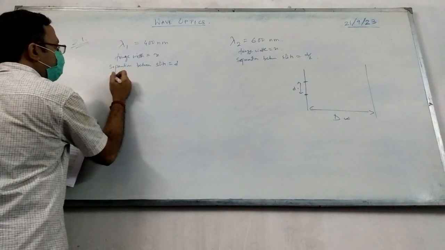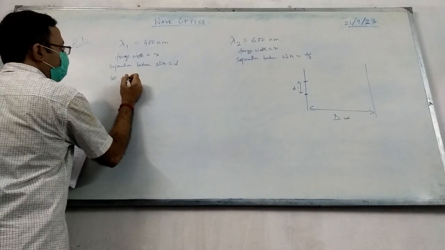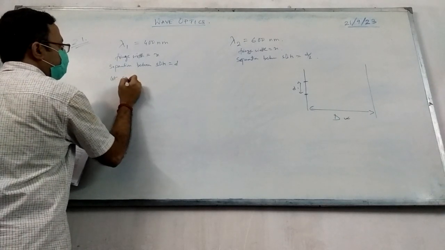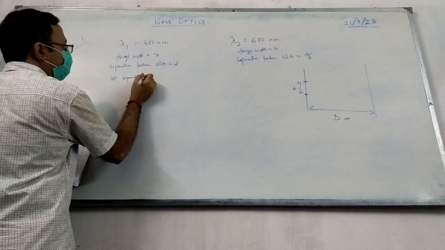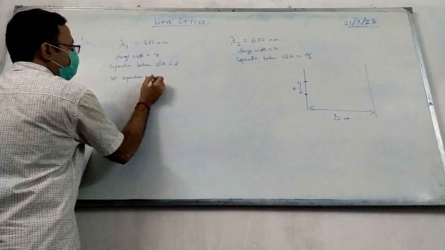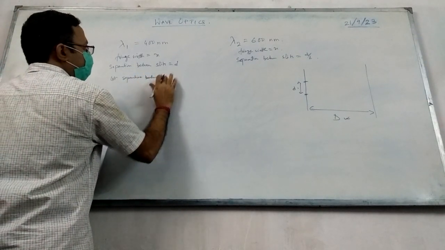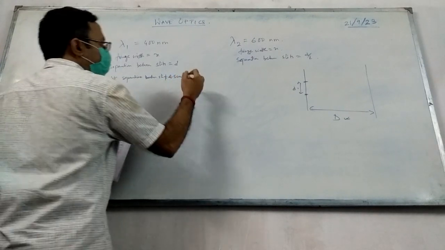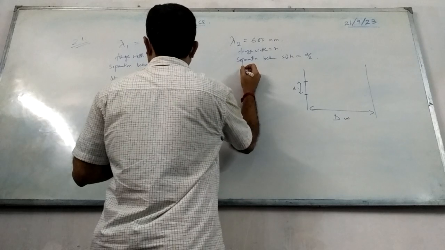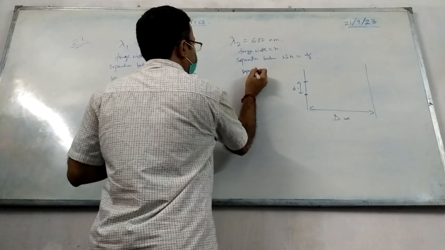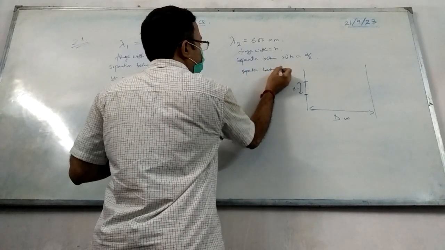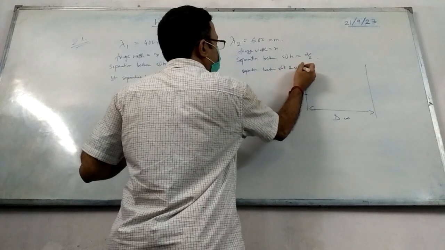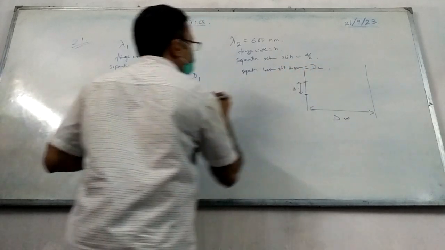So let the separation between slit and screen be d1, and over here separation between slit and screen is equal to d2.